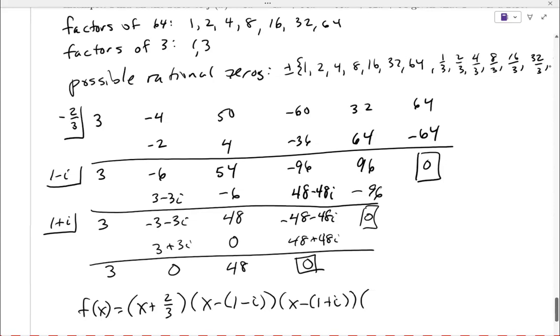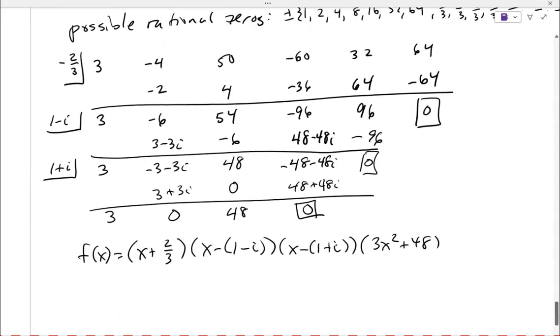And then the last one's going to be good. All right. So again, we found 3 zeros. X minus those numbers are factors. We started with 5th degree. We did it 3 times, so we're down at 2nd degree. That last part is 3x squared plus 48, because those are the coefficients for the quadratic.